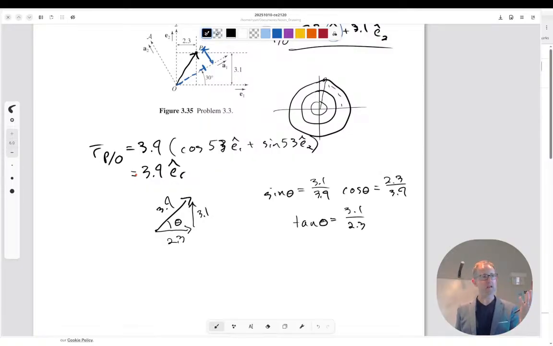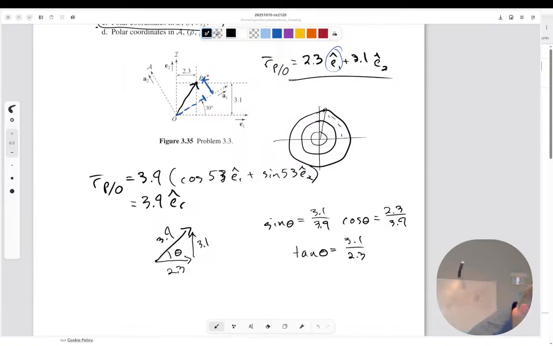It's kind of nice, kind of cool. So this ER is always pointing this way. And how ER is defined, if you're trying to figure out what direction it is in my Cartesian system, it is cosine, sine, E1, E2, kind of like that.